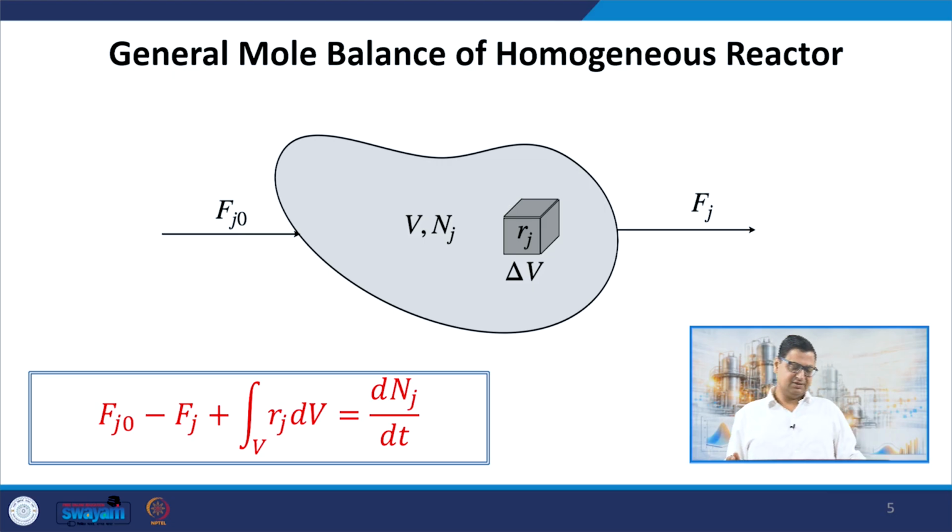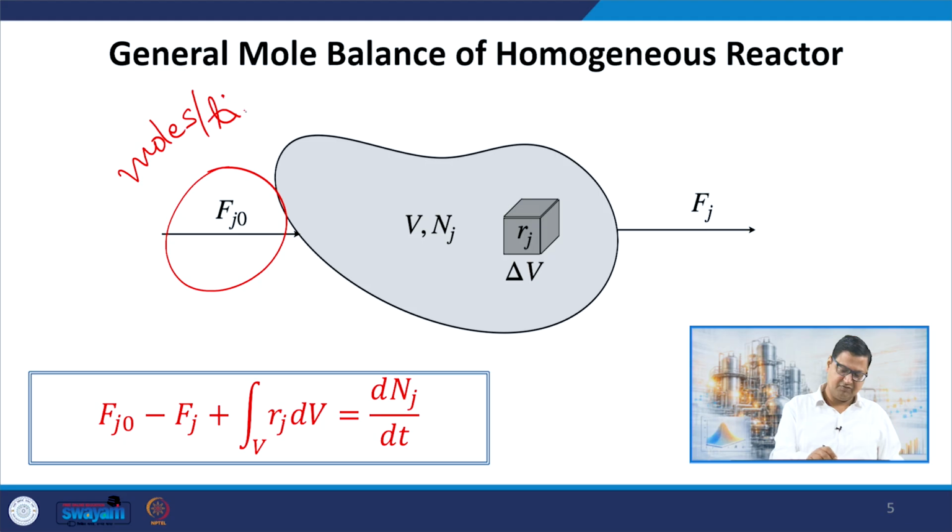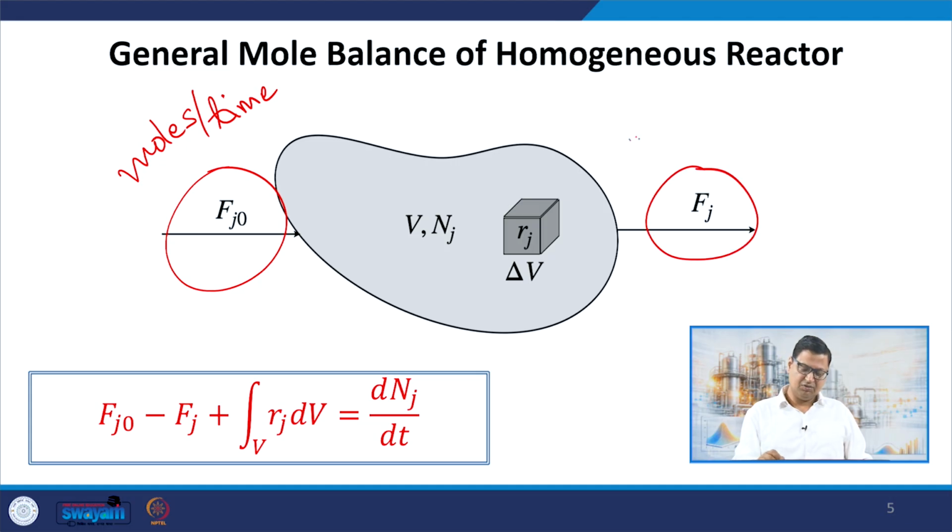We can imagine that there is inflow of the different species, and I am referring to some molar flow rate, moles per unit time, of species J. If there are multiple species, there are going to be multiple flow rates, and there is an outflow of this. In fact, the same model can also be used for the batch and semi batch, but in the case of batch, both the flow rates are going to be 0, and in the case of semi batch, at least one of them is going to be 0.